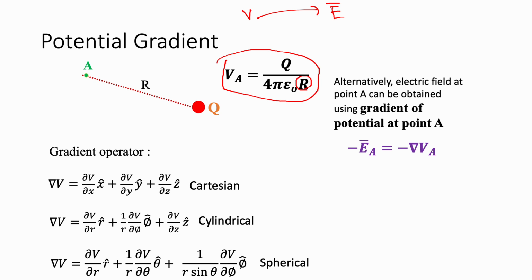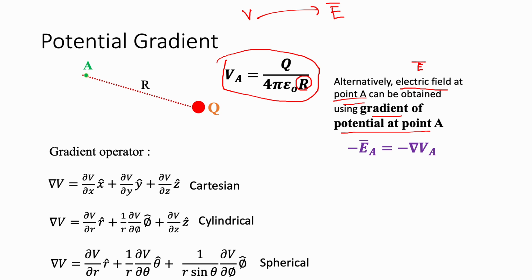Alternatively, we can determine the electric field intensity E at point A by using the gradient of potential at point A.